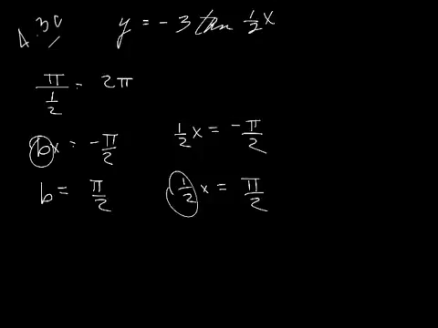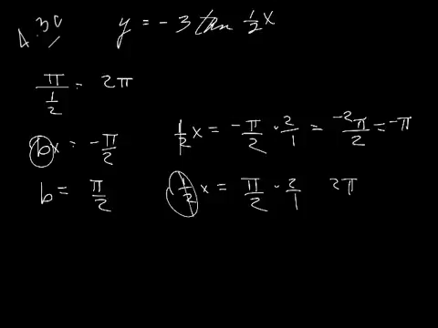Get rid of this by multiplying both sides by 2 over 1. I kind of skipped some steps there, but you know how to do that. That's old algebra. -2 pi over 2, which equals -pi. And this is 2 pi over 2, which equals pi. So those are my adjacent asymptotes.